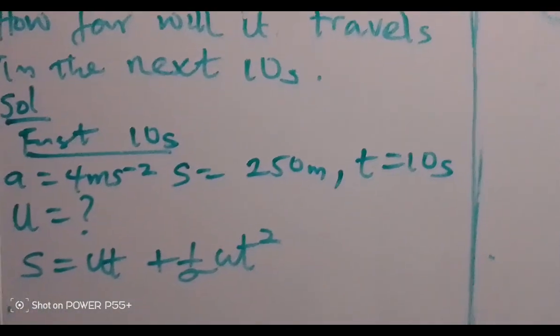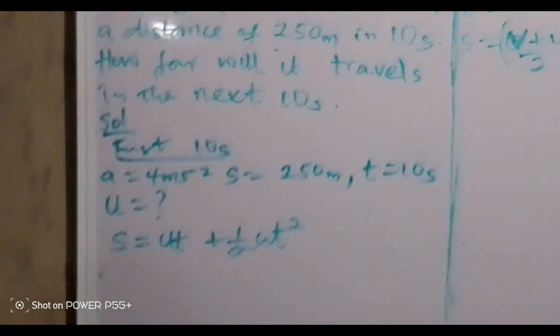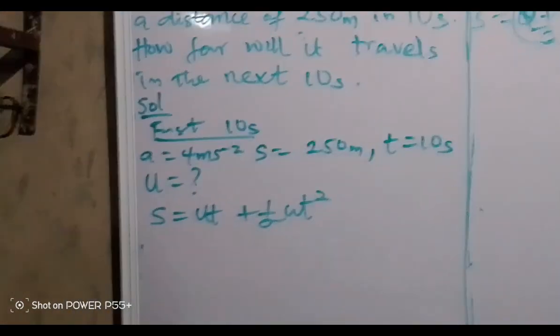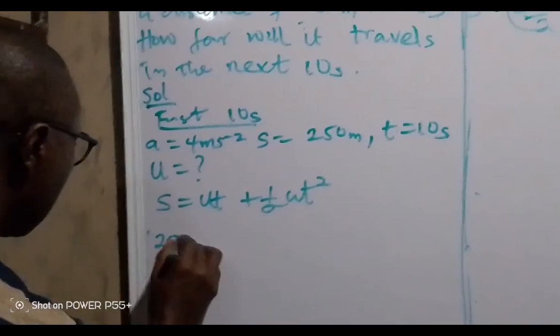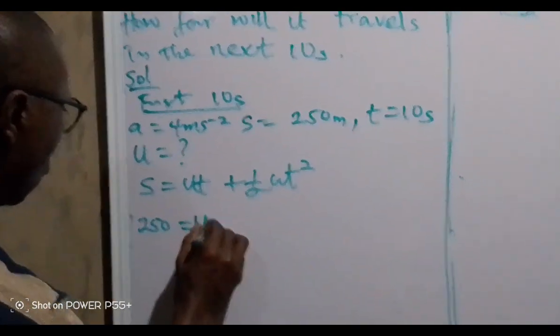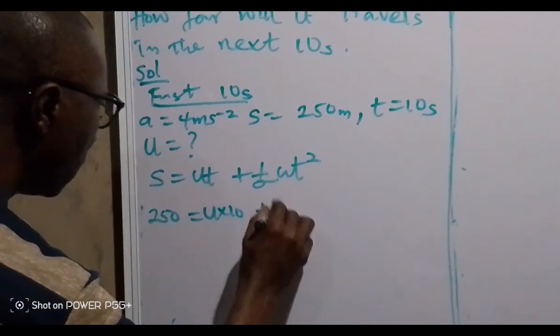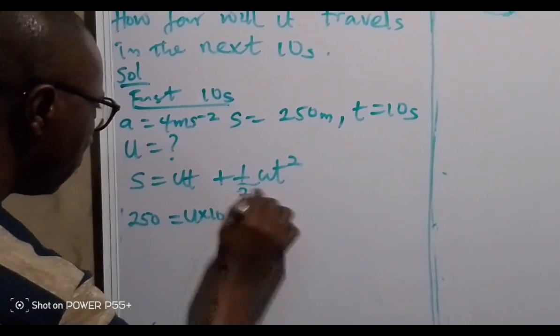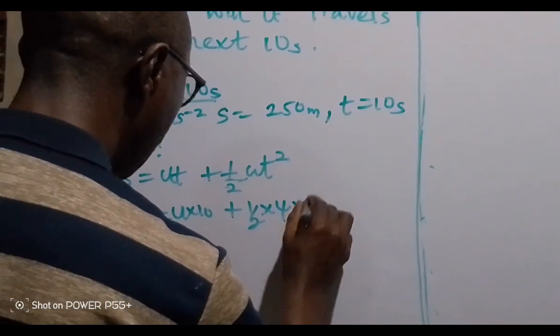And from what is on the board, we need to find u. So our s is 250. That will be 250 is equal to u multiplied by 10 plus half multiplied by 4 multiplied by 10 squared.